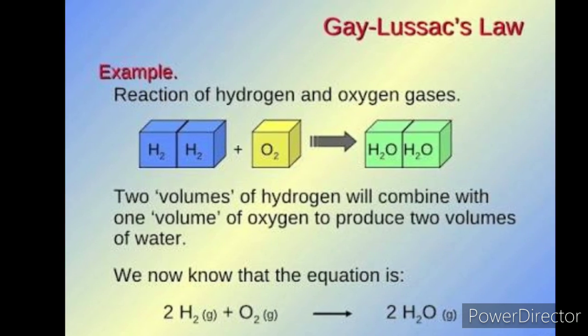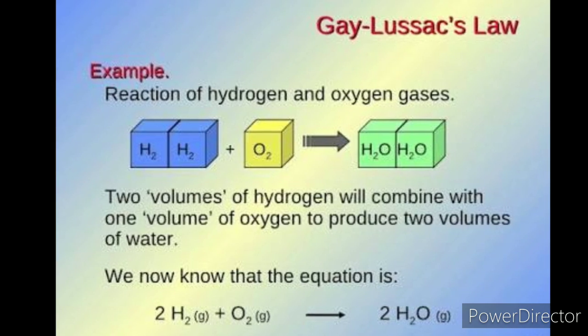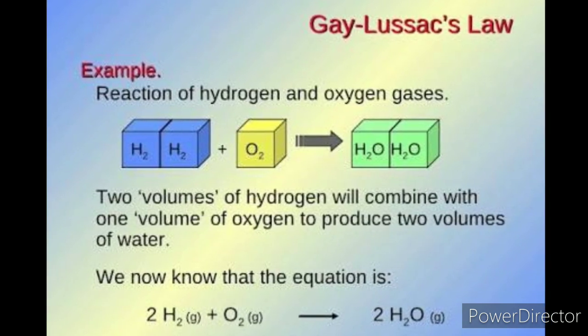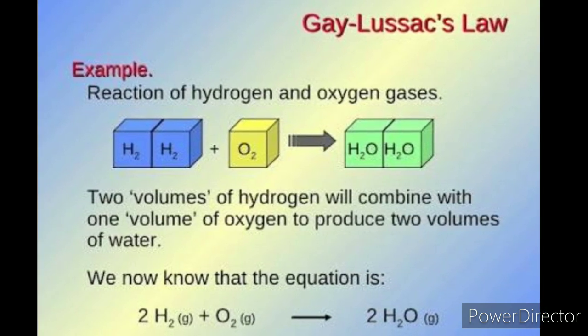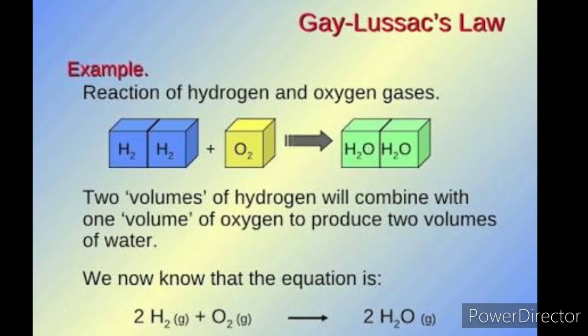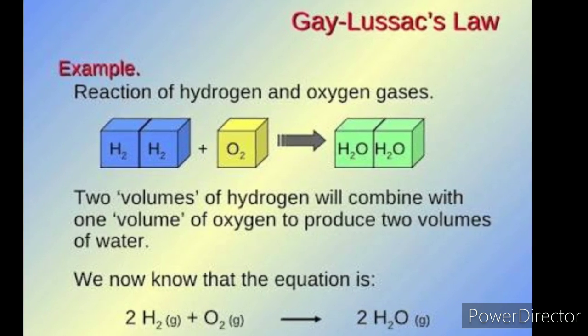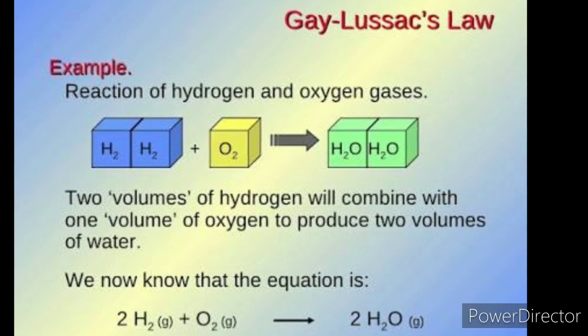In the above example, you can see that hydrogen gas reacts with oxygen gas to form water, but at the same time they are reacting in terms of volume also. That is, two volumes of hydrogen react with one volume of oxygen to form two volumes of water.